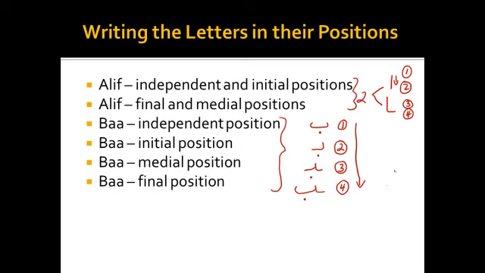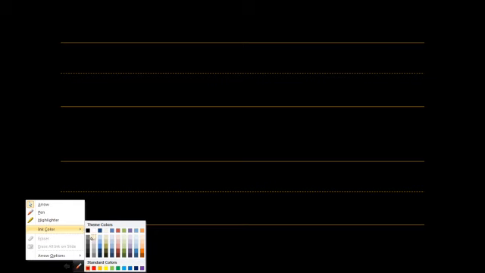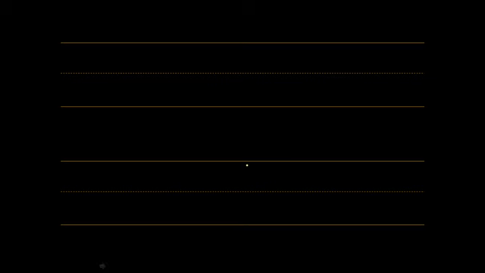Okay, let's write these different forms for both the Alif and the Ba. I'm going to change my color here to yellow to make it clearer. Let's begin with the Alif.